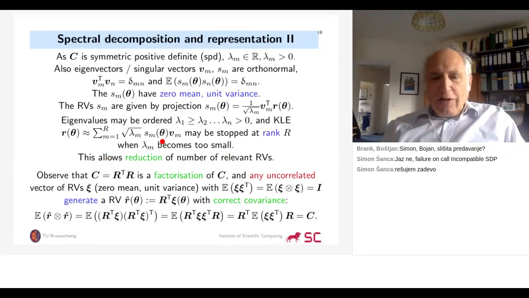So what I've reduced is the number of uncorrelated random variables, these Sm, which I need here. So I have fewer.